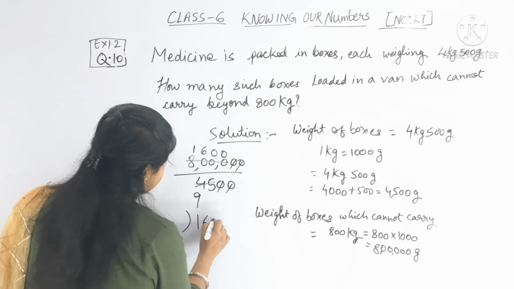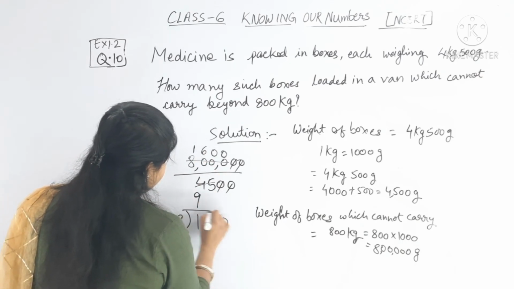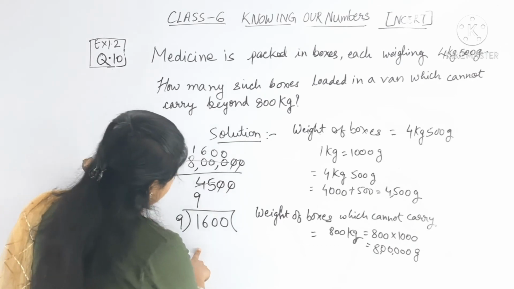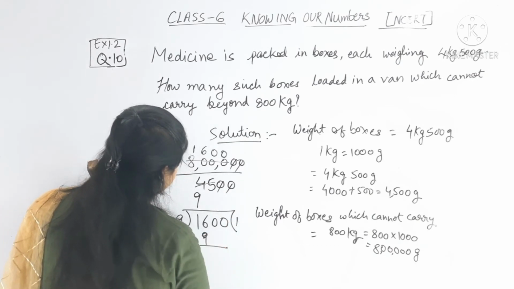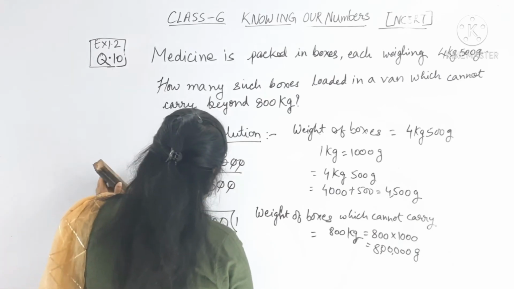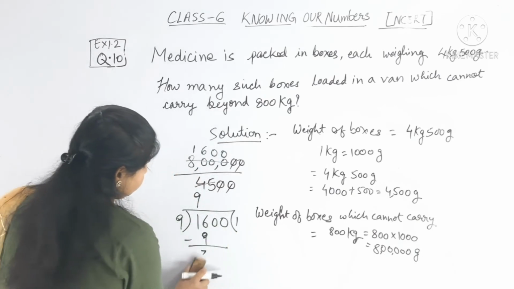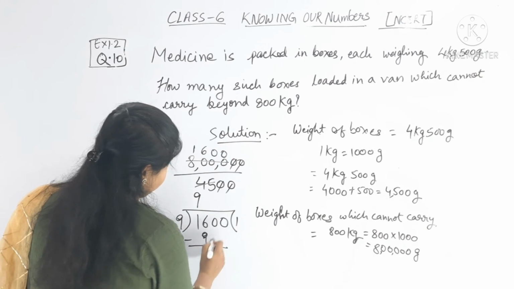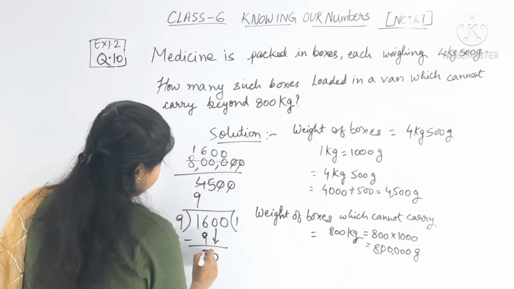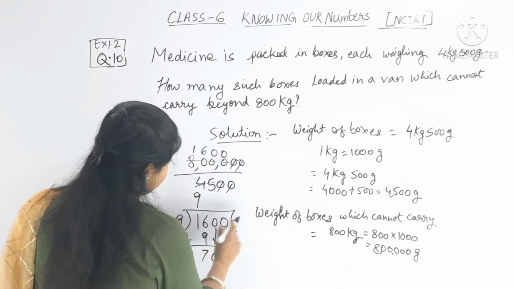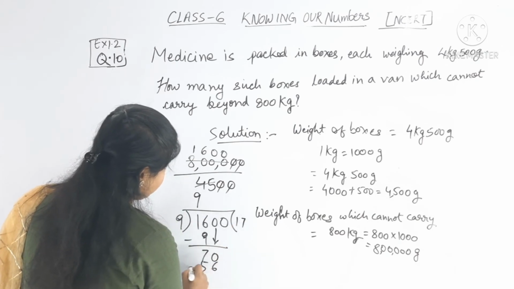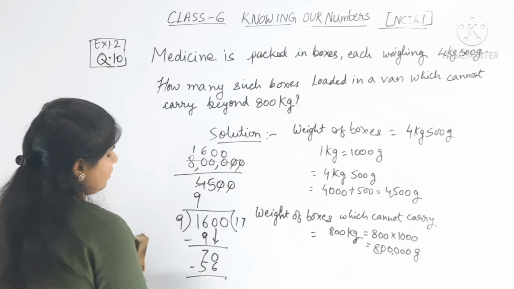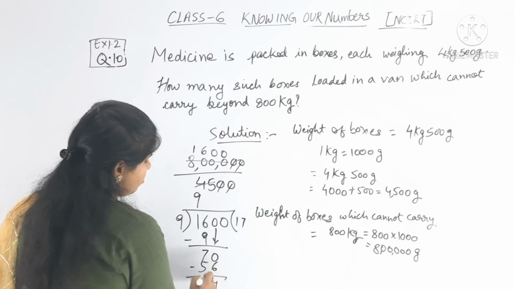We are dividing 1600 by 9. 9 ones are 9. 16 minus 9 is 7. 9 7s are 56 and 9 8s are 72. So 9 7s are 56. Okay. 10 minus 6 is 4.